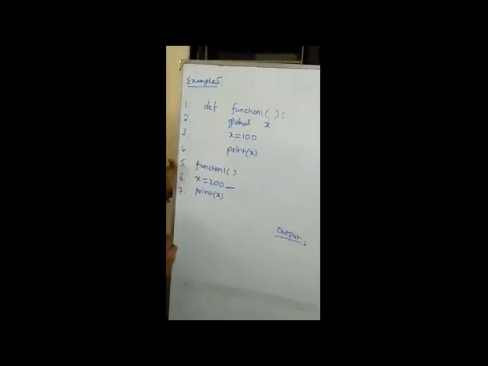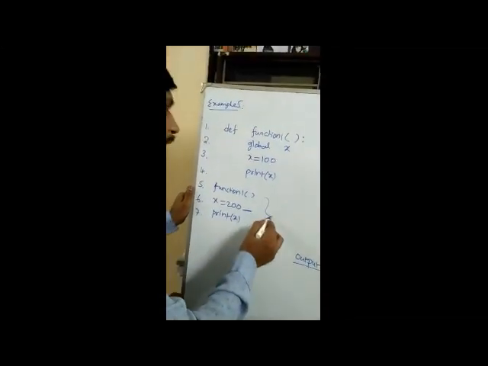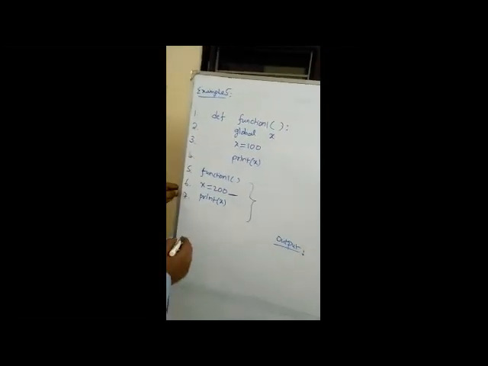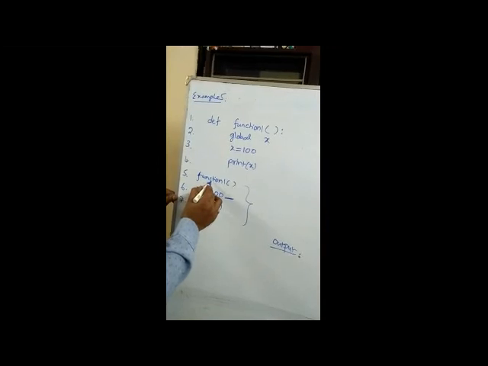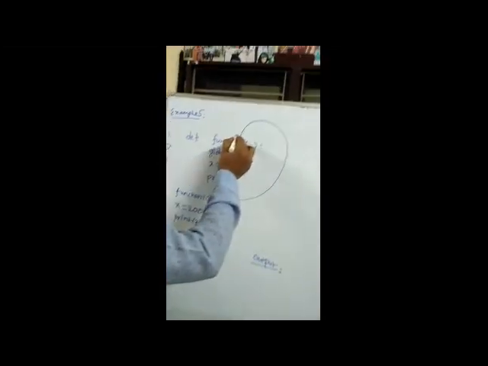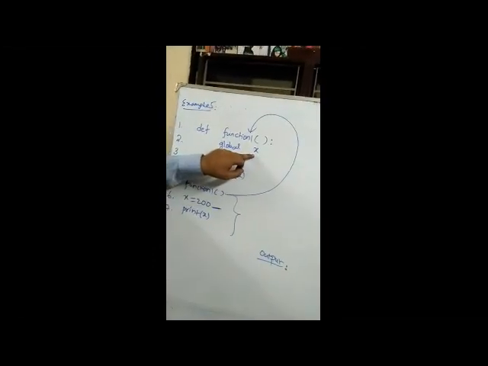So when we execute this program, execution starts with the main function. These are main function statements. So execution starts with line 5 and here is the function1 calling statement. Immediately control goes to this statement. Here global x is a global access.